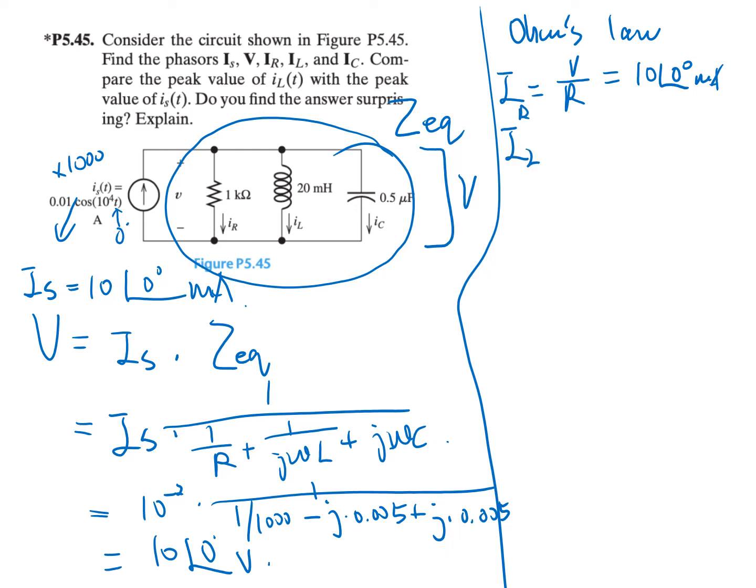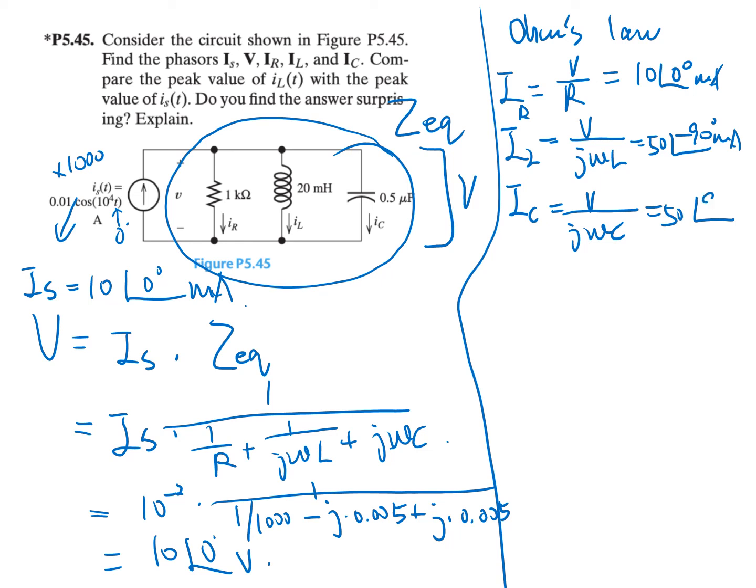Going through the inductor, that's V over J omega L. That's 50, the angle of negative 90 milliamp. For the capacitor, that's V over J omega C. That's 50, 90 degrees milliamp.